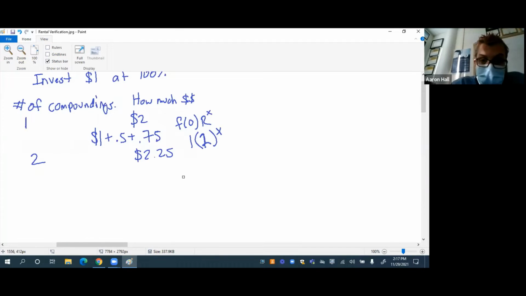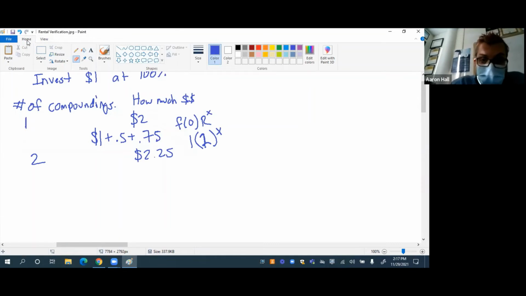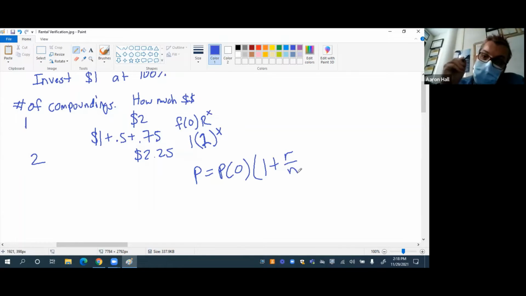Here's our principal: our principal equals our initial principal, using the same notation as before, our 0th principal, our 0th term, times 1 plus r over n. n represents the number of compoundings, and r represents our rate, to the power of nt.